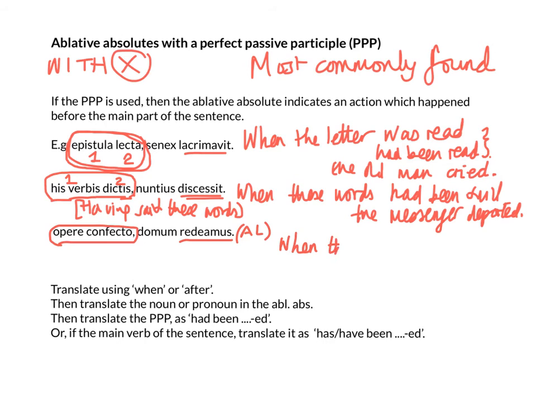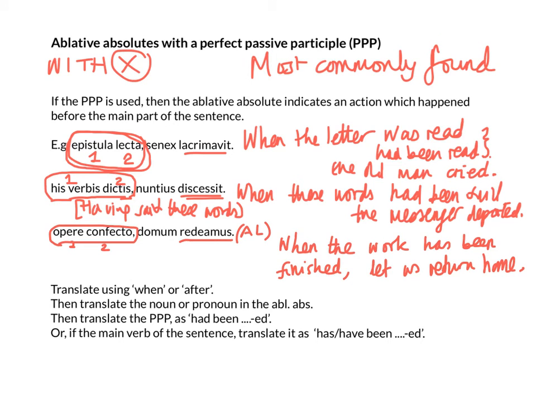But when the opere, operus means work, doing that one first. When the work, conficio means I finish, so has been finished. Notice I'm saying has been finished, not had been finished, for reasons which should become clear in a minute. Now, present subjunctive, let us return, and finally domum, home.